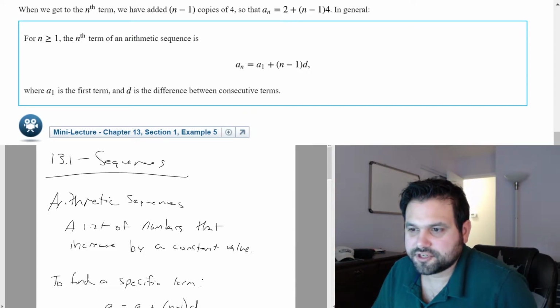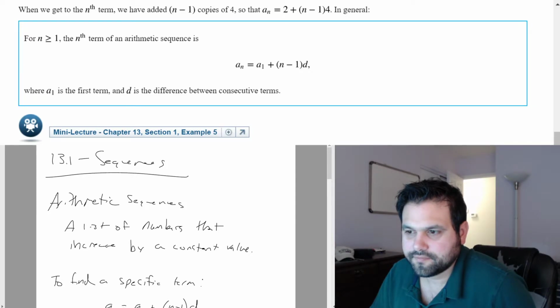That's the first term. This is the term we're looking for, the term number that we're looking for. And this is our constant rate of change.